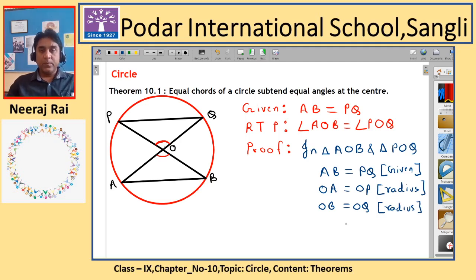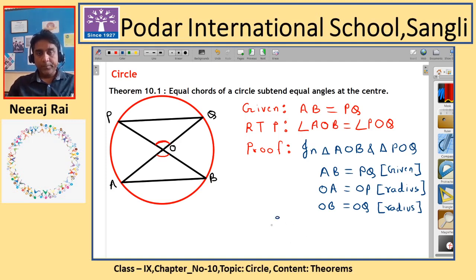So all three sides of the first triangle are equal to the corresponding sides of the second triangle. That means AB is equal to PQ, OA is equal to OP, and OB is equal to OQ. So all three corresponding sides of both triangles are equal to each other. Then these two triangles are congruent by some specific criterion. Can you tell me by which criterion? Side-side-side, correct.